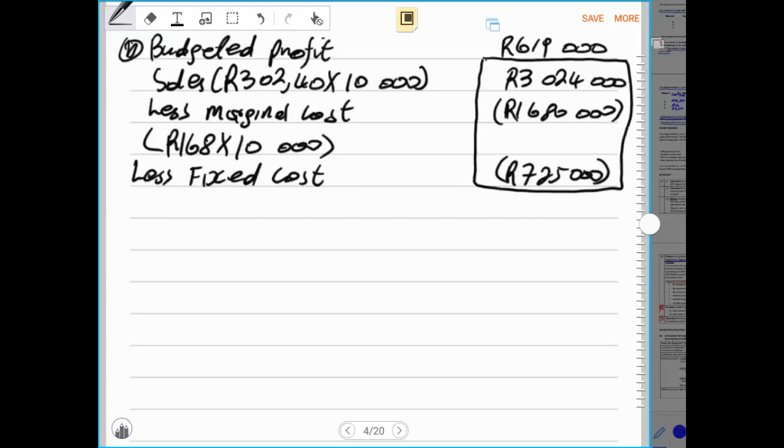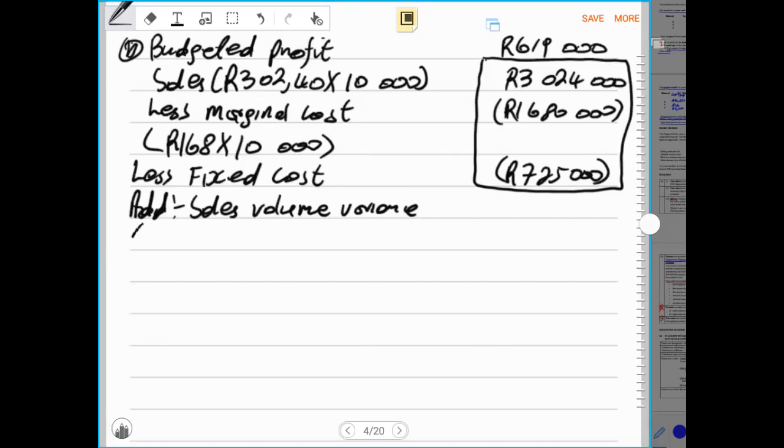Then after I have calculated that budgeted profit, I need to take into account my variances. The first variance that I need to add is my sales volume variance. I'll just show all the calculations in here as opposed to calculating it independently.